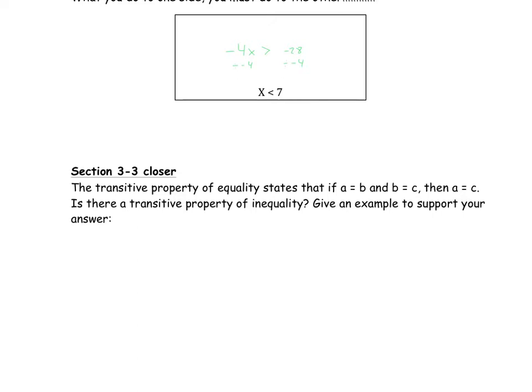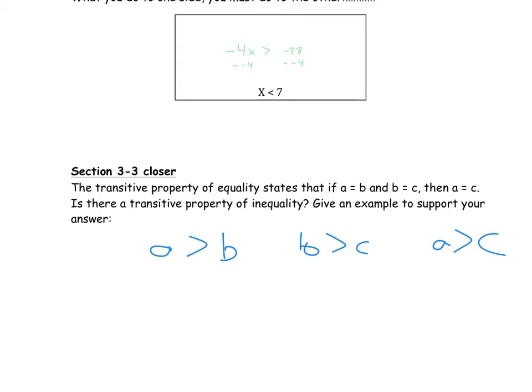So the transitive property would be like if A is greater than B and B is greater than C, then A is greater than C. It would look like this. Okay, so let's throw some numbers in there just to see if we can have some examples.